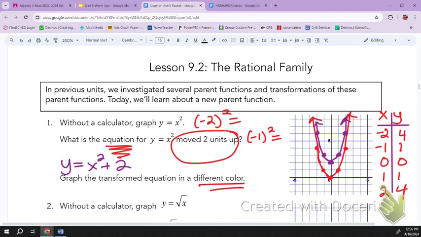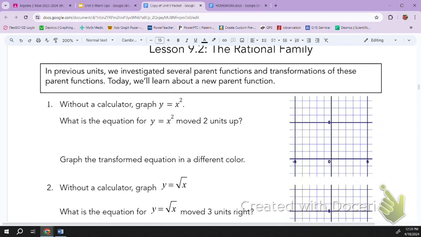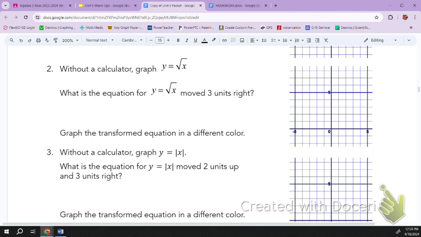All right, number 2. We're going to graph the square root of x, and we're going to move it. So first, with your group, graph the original. If you're not sure, just select some points.